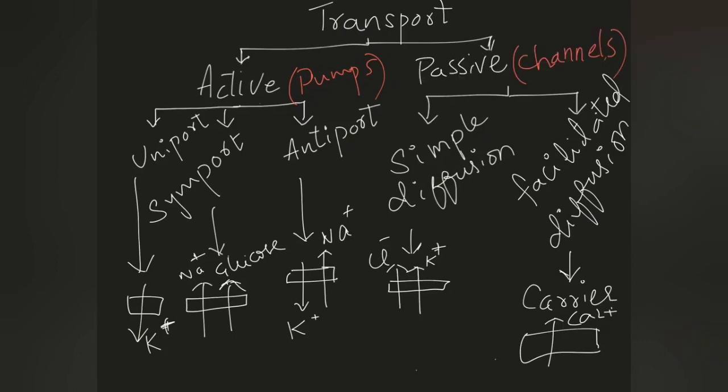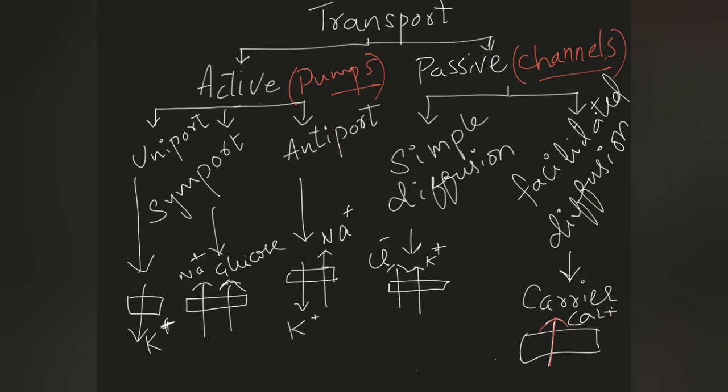The proteins which help in active transport are called pumps, and the protein molecules which help in passive transport are called channels. So the calcium channel, not only the calcium channel, but the sodium channel, potassium channels, etc. The ion movement will be either by passive transport or active transport mechanism.